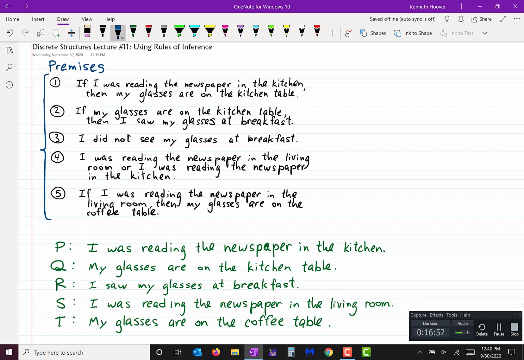And our conclusion would be, my glasses are on the coffee table. Okay, let's diagram out the argument. And this isn't the only way to do it. There's lots of different ways to form an argument that would work. This is just the way that I'm going to do this.